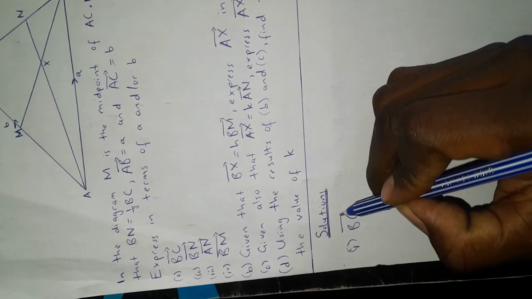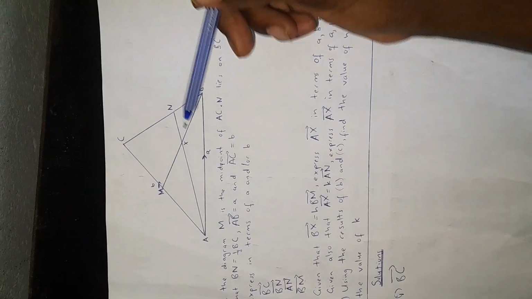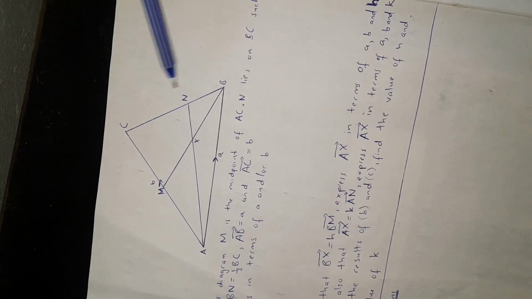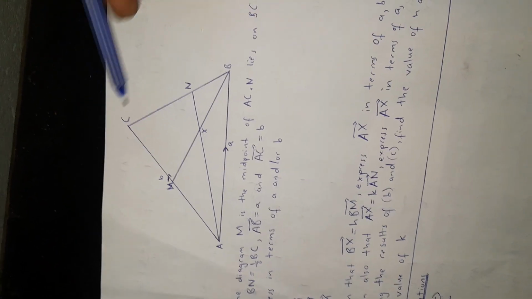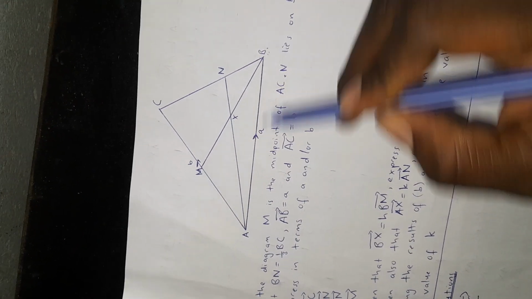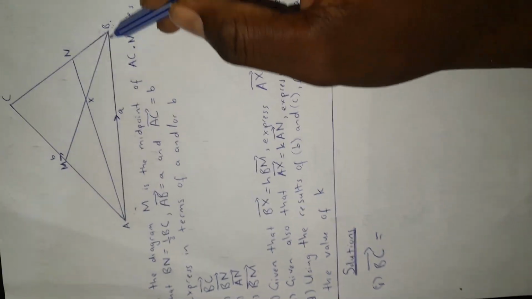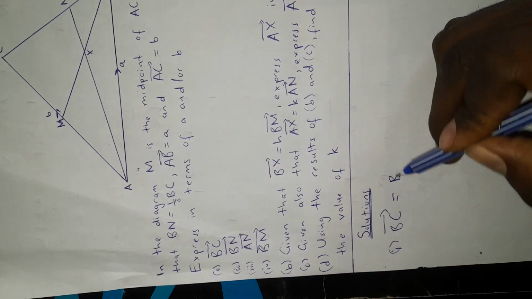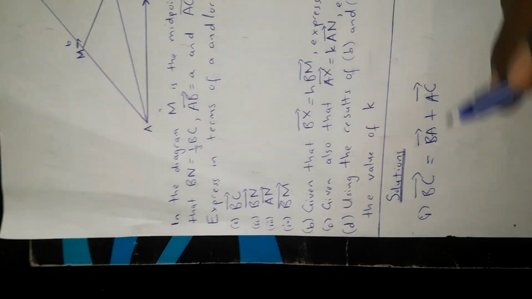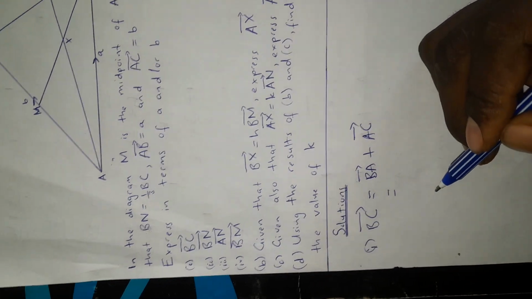BC is this one. As I said before, you start from B, so it's BA plus AC.